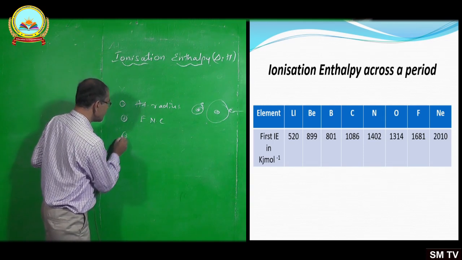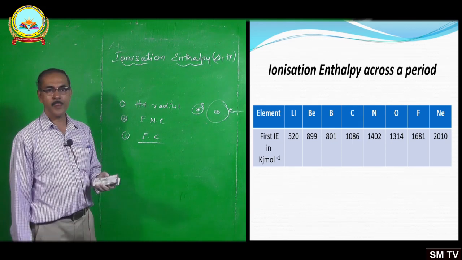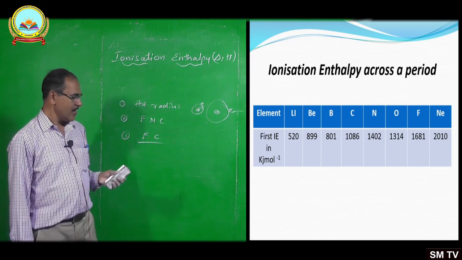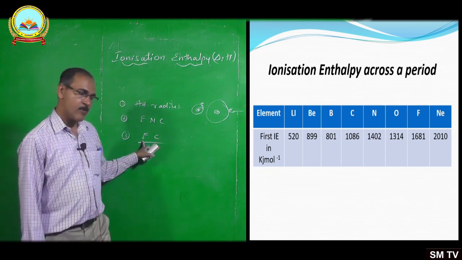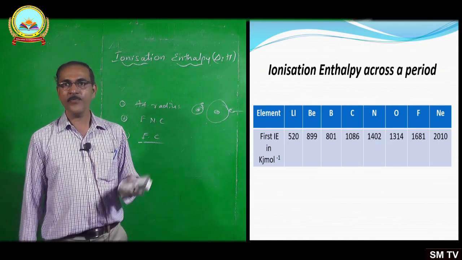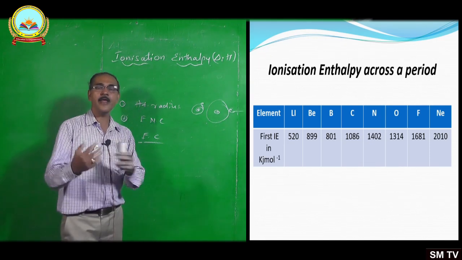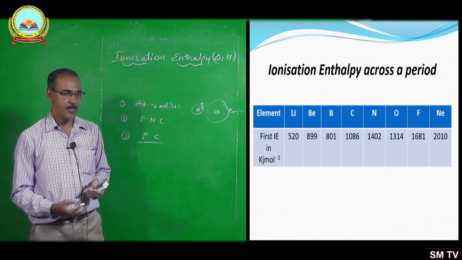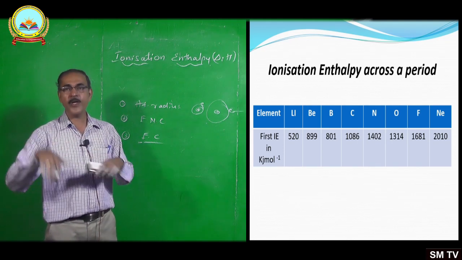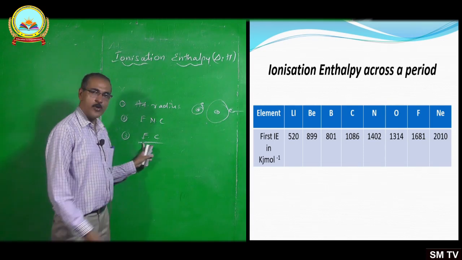And the third factor is electronic configuration, especially the stable electronic configuration. If the orbitals are filled completely, it attains stability. If the orbitals are half filled, then also it attains stability. What do you mean by half filled?